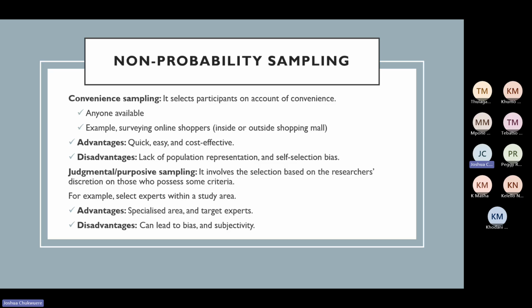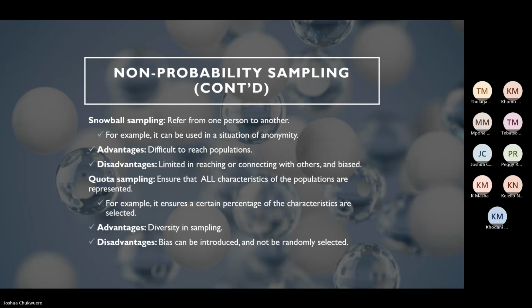Also, we have another type of non-probability sampling, which is snowball sampling. This refers from one person to another. My selection is based on who is available, who can be reached, and for me to reach them, I'm going to use one person.